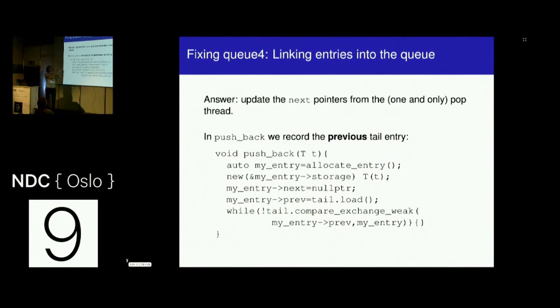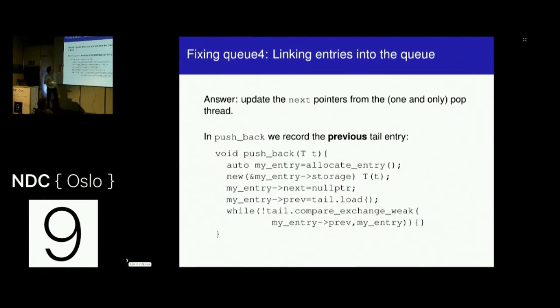So we have our new node, and we say the previous node was the one that's currently last. And if we then successfully change tail to point to our new node, then we know that that was the case, because we're changing tail from what we think was the previous node to our node. And if the compare exchange fails, then we've got the new tail and we can try again.